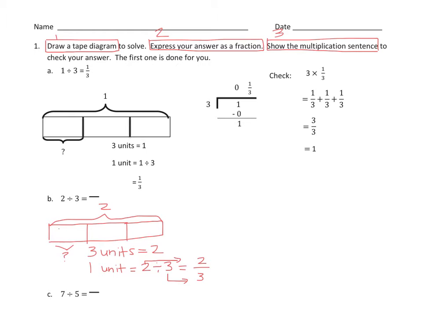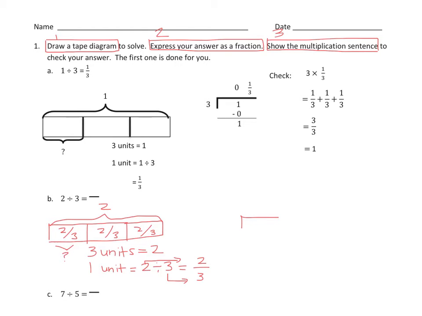So each box is going to be 2/3. If we had 2 cookies and had to divide them between 3 people, each person would get 2/3. And now we have to go ahead and show division.